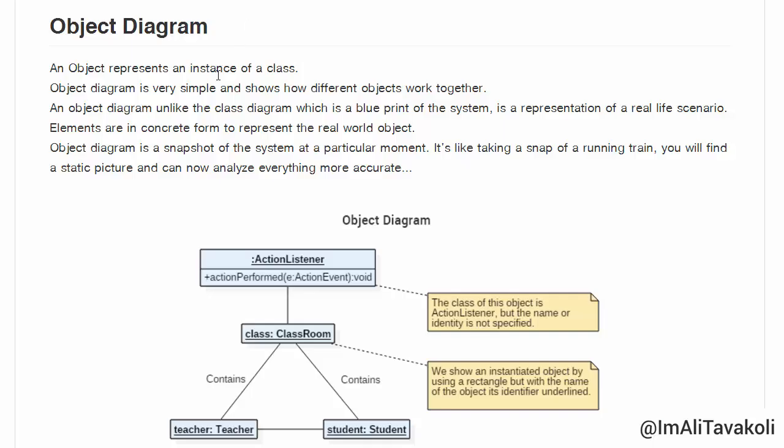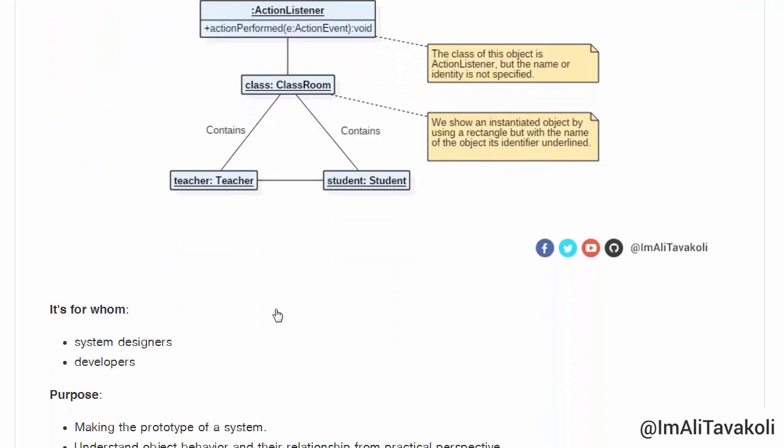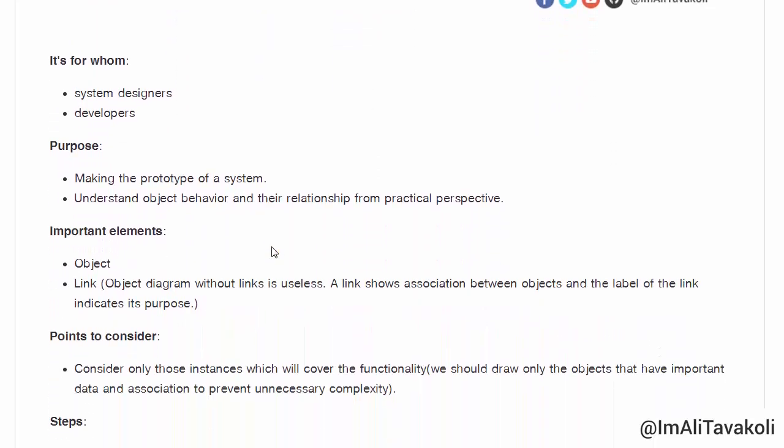So, this is an example of an object diagram. But before I explain it more, let's see who an object diagram is for. System designers and developers. The purpose? Making the prototype of a system to understand object behavior and the relationships from a practical perspective.